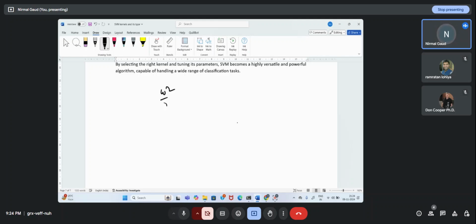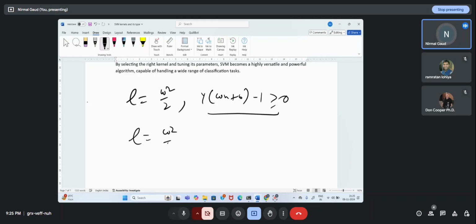In classification you have w squared by 2 as the objective function, plus the constraint y(wx + b) - 1 greater than or equal to 0; we have to multiply lambda, but I'm not doing it here. In the case of regression, you again have w squared by 2 as the objective function, but the constraint involves C times the summation of slack plus slack dash.